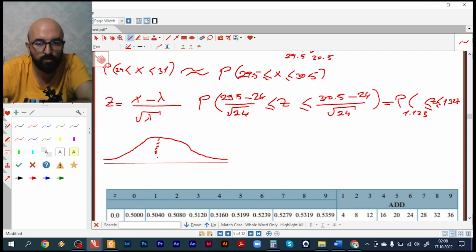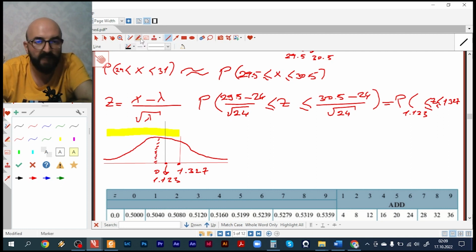means equals to 0, and 1.327 is here, and you want to find less than or equal to 1.327, and 1.123 is here, but you want to find greater than or equal to 1.123.